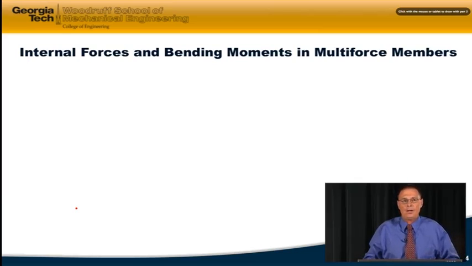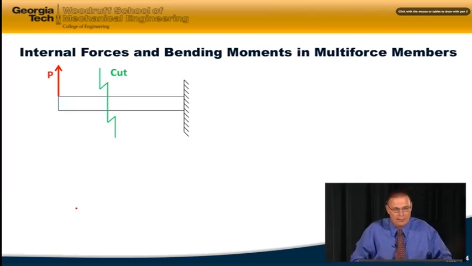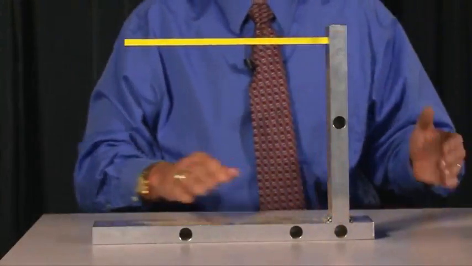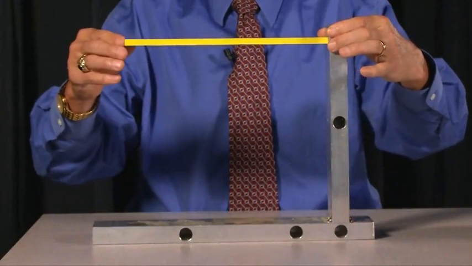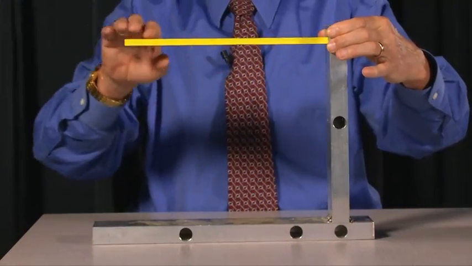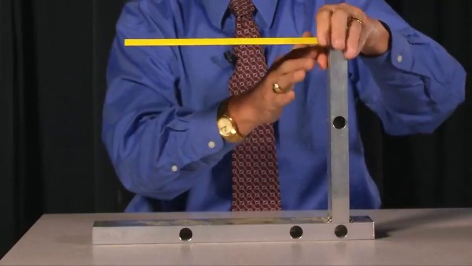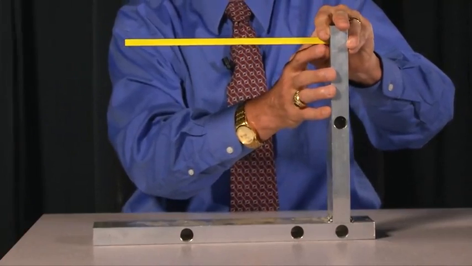This beam can be under a number of different conditions. Here's a cantilever beam. I've got a model of this situation over here. The beam, or the multi-force member, that I'm interested in in this case is this yellow cantilever beam. It's fixed on the right-hand side, that's the fixed support.